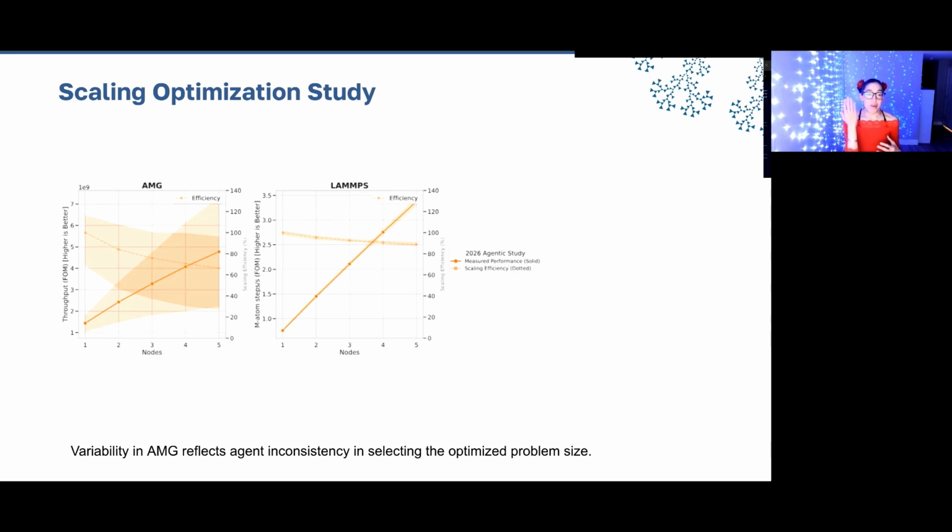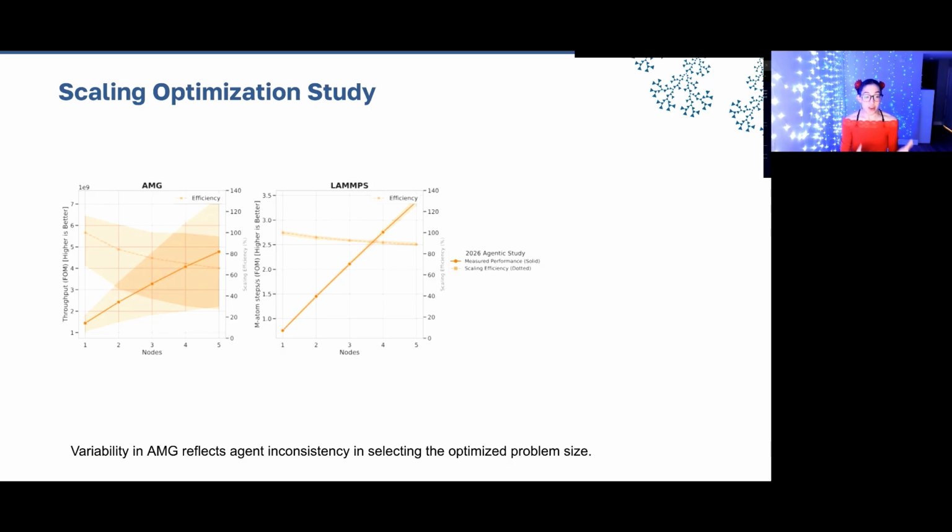Now, the interesting thing with LAMMPS is that the agent was very good at choosing the same problem size across the different studies, because what this plot is showing is actually multiple entire optimization scaling studies for each application. So what that tells us is that for different applications, we need to think hard about the prompts that we give for how it optimizes at some size.